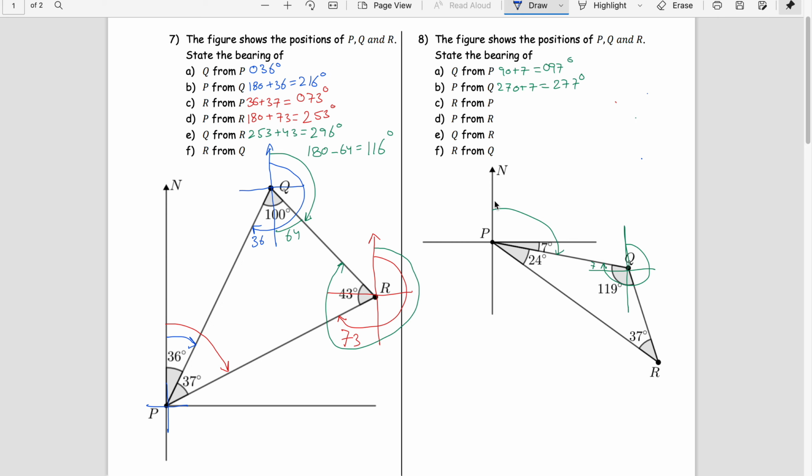R from P. R from P is this complete section, which is 90 because of this, plus 7 plus 24, and you get an answer of 121 degrees. P from R. Bearing of P from R, so you need to draw this right here, and bearing of P from R would be this complete section.